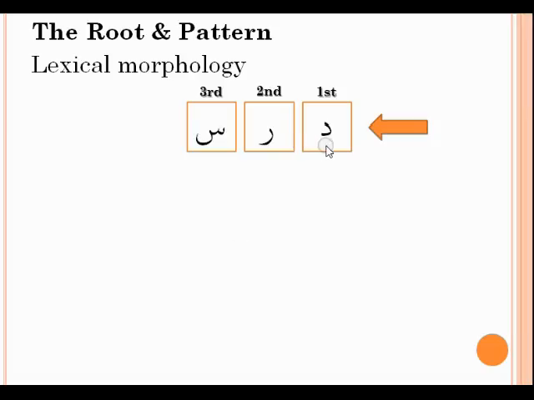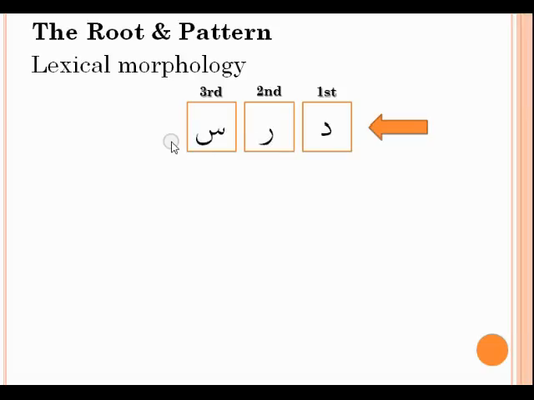which is basically taking a minimum of 3 letters, which have an attached meaning to it in Arabic. So here the root darasa means to study or to learn. We'll take this root and attach extra letters to it, whether in the beginning or the middle or the end, and many times change the marks of these letters and create new words.